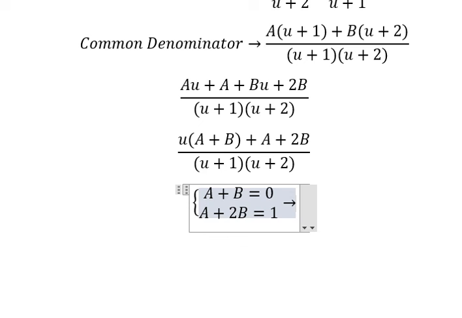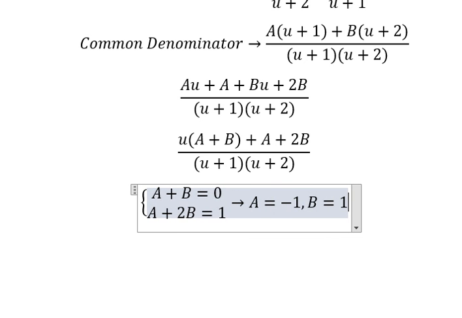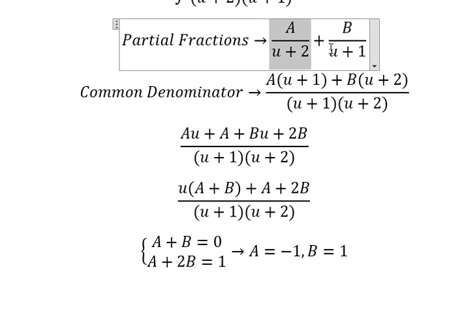So A equals negative 1. B equals positive 1. Now we put A and B back in here.